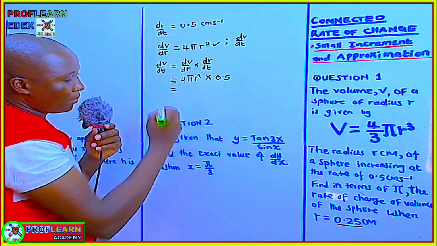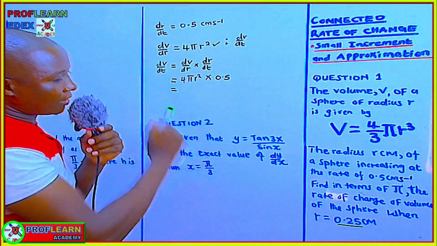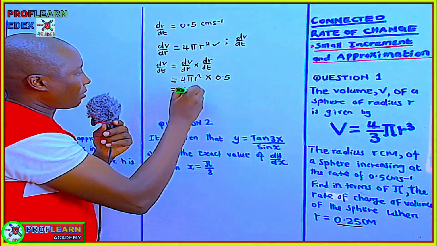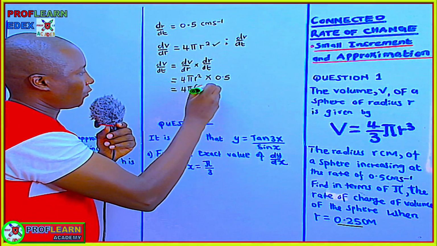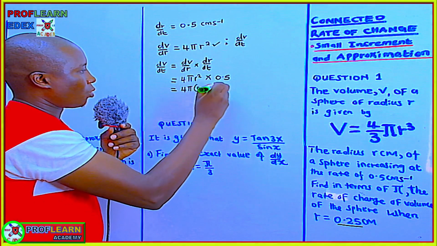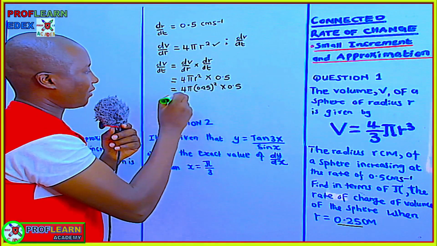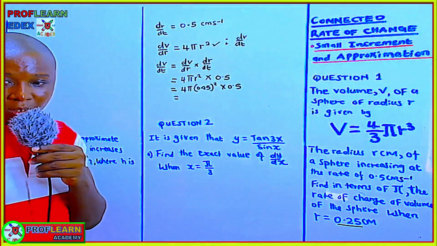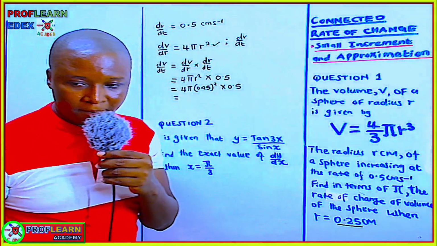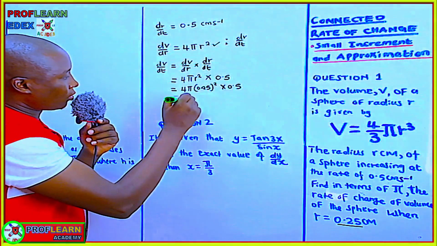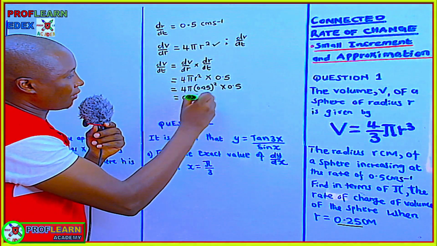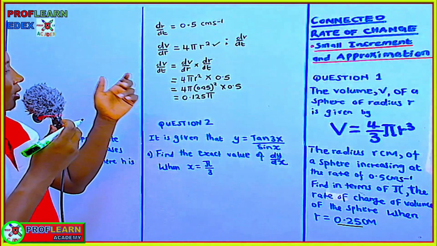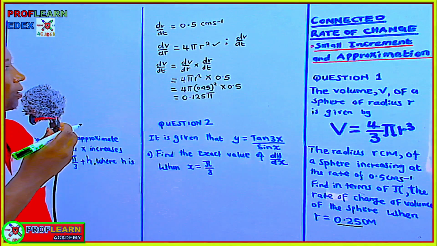Because we are finding dv dt when r is 0.25, this is 4 pi into 0.25 squared times 0.5. If you work it out using your calculator and leave your answer in terms of pi, we get 0.125 pi, and that is our rate of change of volume.